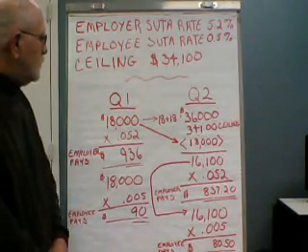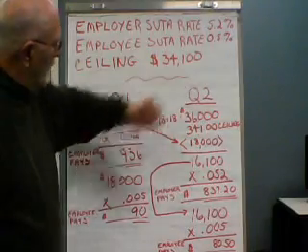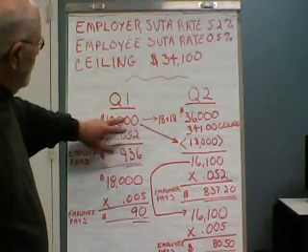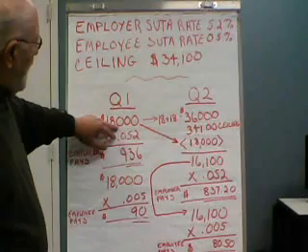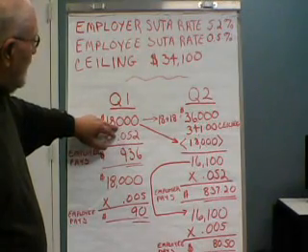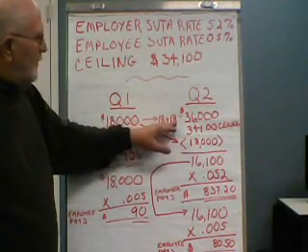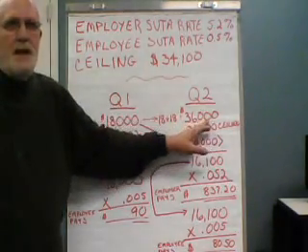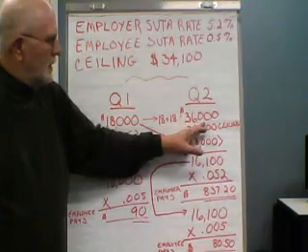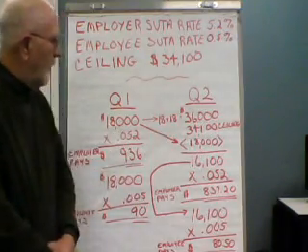In the second quarter, this gets a little bit interesting. We've already paid SUTA taxes on this $18,000. We've earned another $18,000 for a total of $36,000 in earnings by the middle of the year.